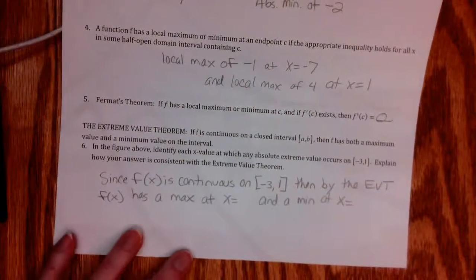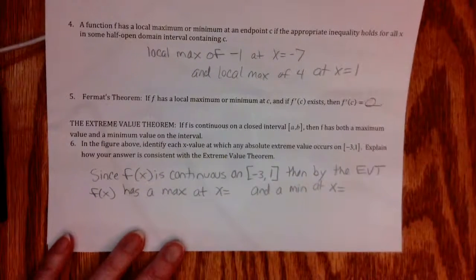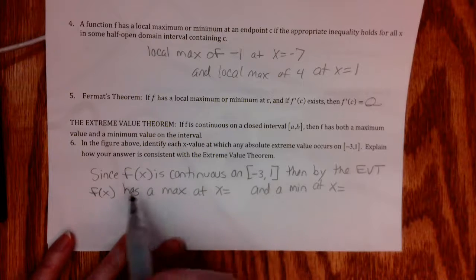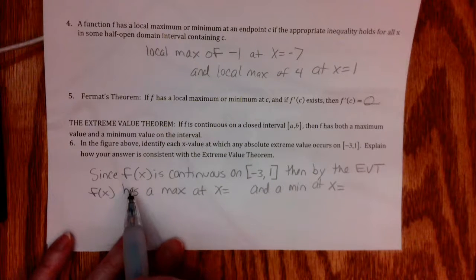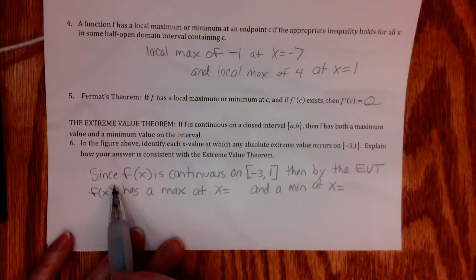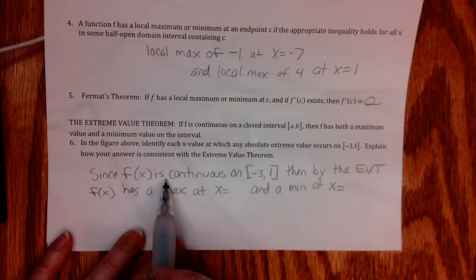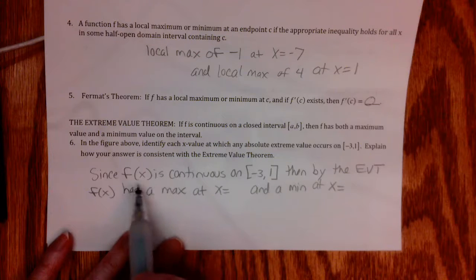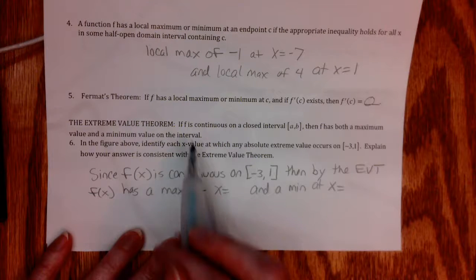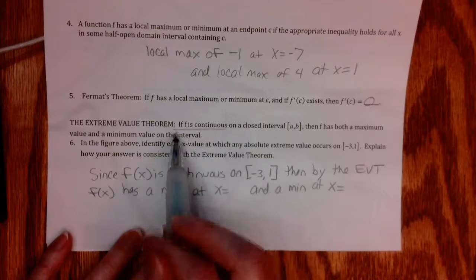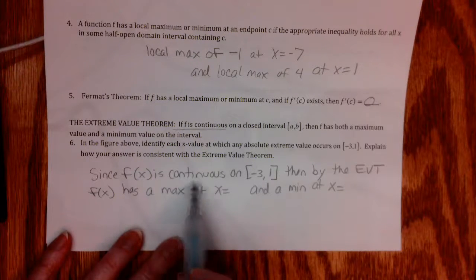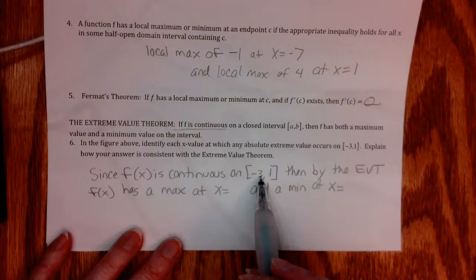I'll give you a moment. You should pause the video, read about the extreme value theorem. Then, for this particular example, how does it work? Well, you have to identify, like you did in other functions and other theorems, continuity. So we say, since f of x is continuous, it's known that it's continuous, so I'm just stating it's continuous on its given domain.